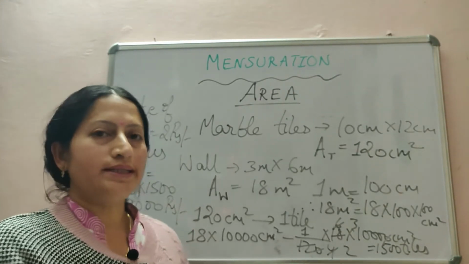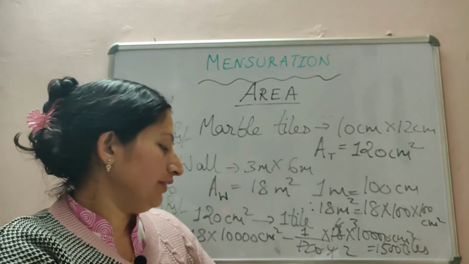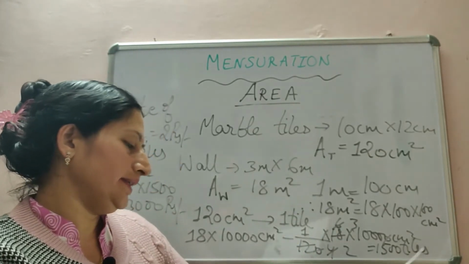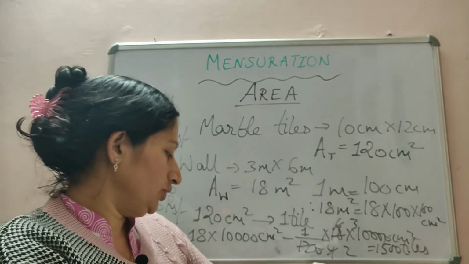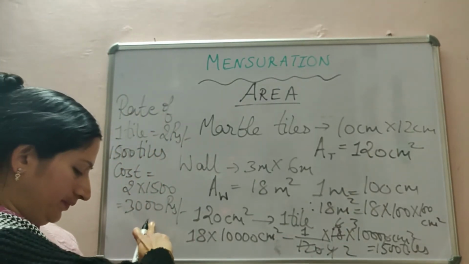So I hope this problem should be clear to you, and let's check the answer. From the back of R.D. Sharma, it is question number 12. So the answer is also matching.